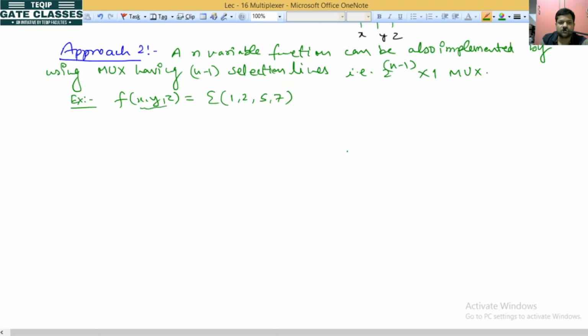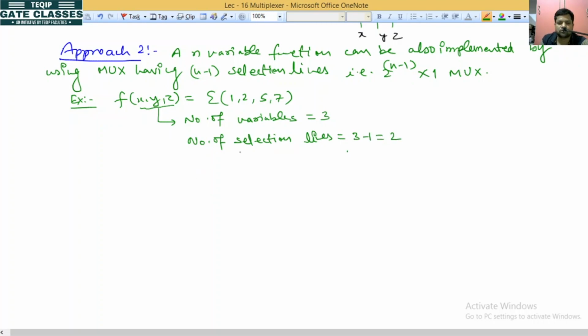Now how many variables are here? Number of variables is equal to 3. So the number of selection lines will be 3 minus 1, that is 2.